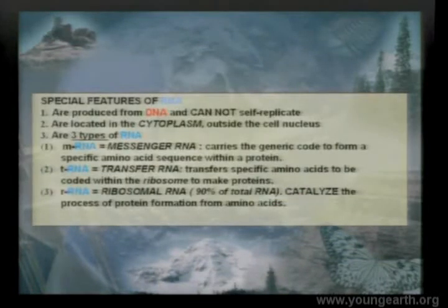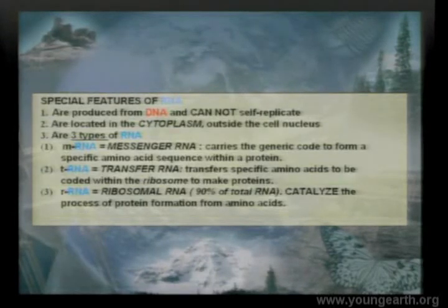Now, what are the special features of RNA? Well, special features of RNA are, number one, you got messenger RNA. It's the one that carries the genetic code to form the specific amino acids for producing a protein. That's its function as an RNA, the messenger RNA that comes out of the transcription process. Now, the next thing you've got is a transfer RNA.